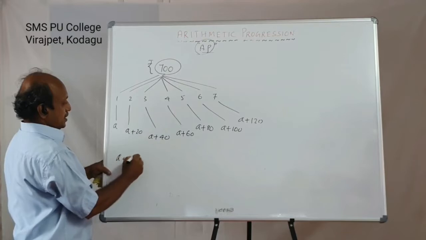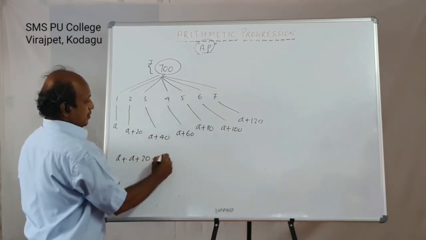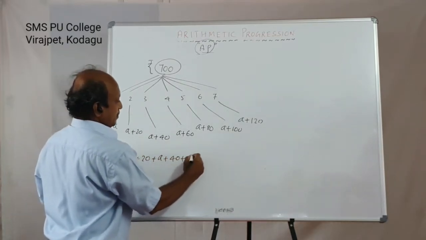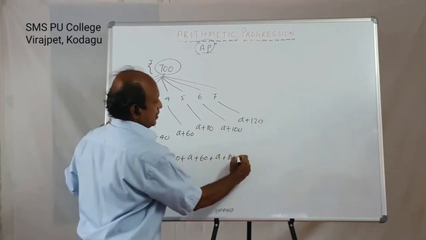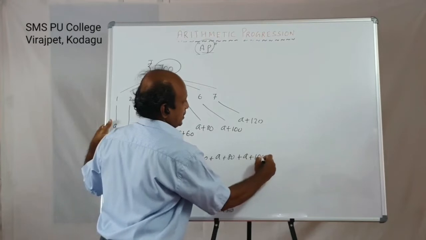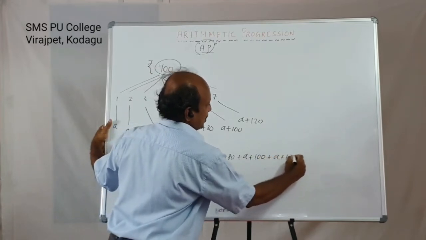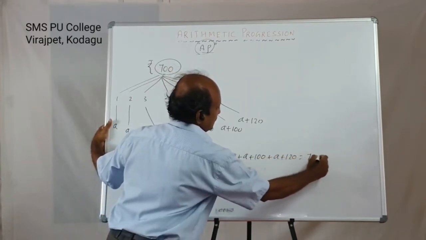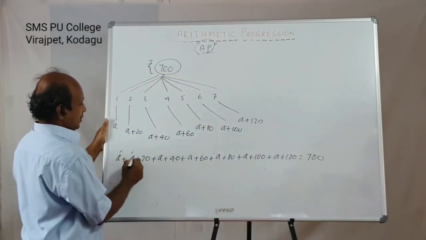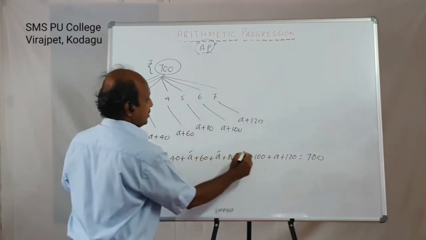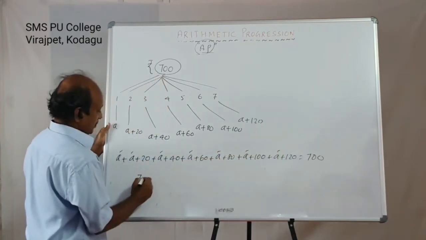That is a plus (a plus 20) plus (a plus 40) plus (a plus 60) plus (a plus 80) plus (a plus 100) plus (a plus 120). What is the total amount? 700. Now how many terms are there? Count it. 1, 2, 3, 4, 5, 6, 7 terms.